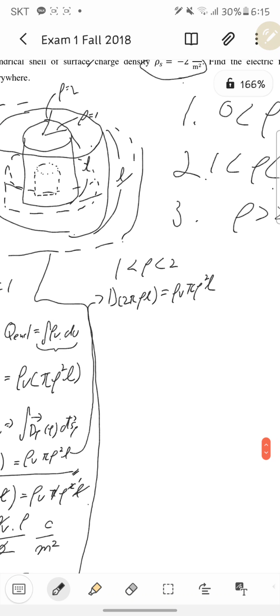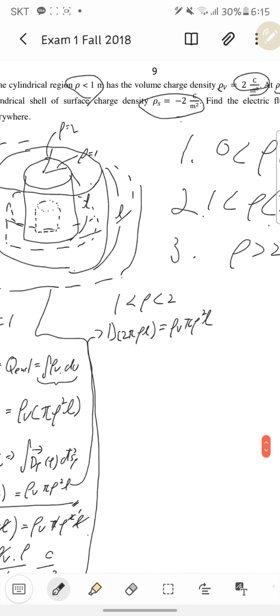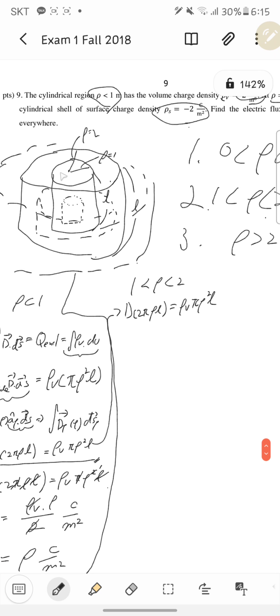In this case, the only difference is that rho is bigger than the first cylinder here. So the charge inside of the cylinder is fixed, right?